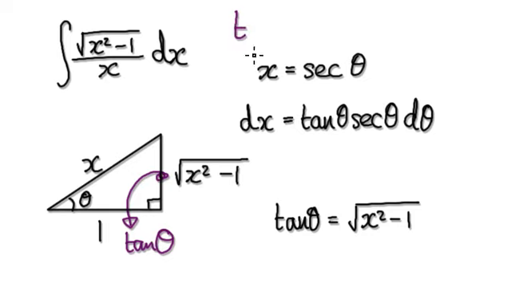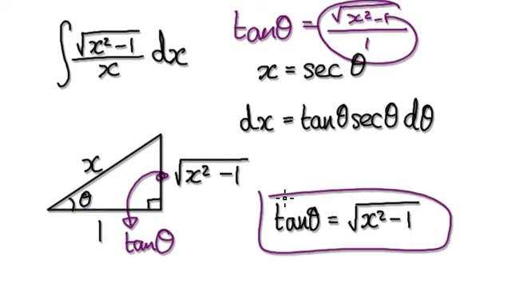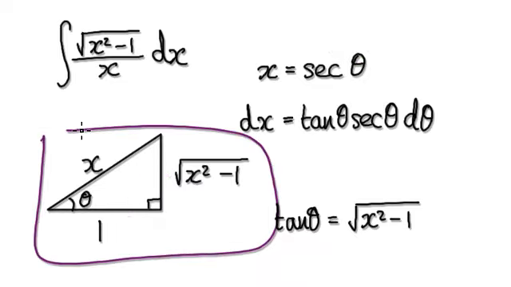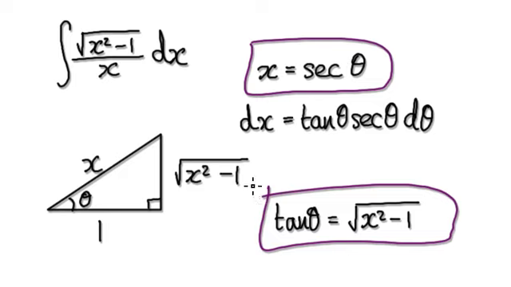If you look at the diagram, tan theta equals the opposite over the adjacent. So this here collapses down to give you this. Once you've got your triangle, you can make this statement here.